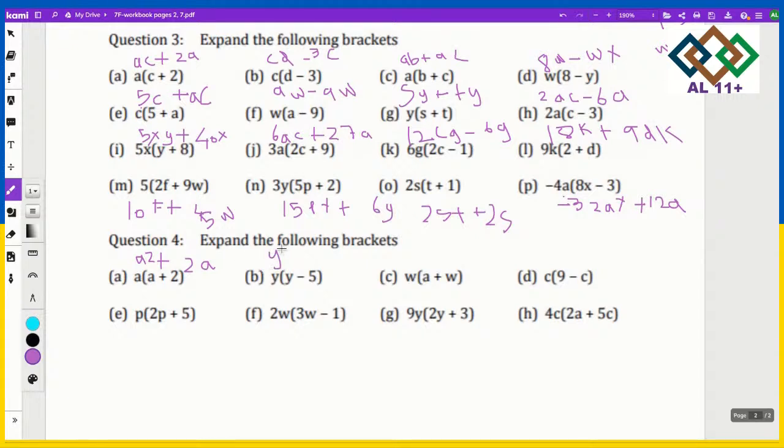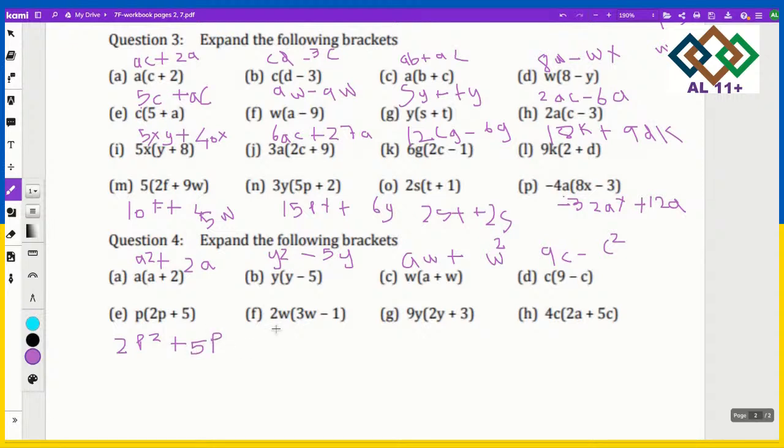B, it's y square minus 5b. Then you have 8w plus w square. Then you have the d part. D is, then you have the e is plus 5p.